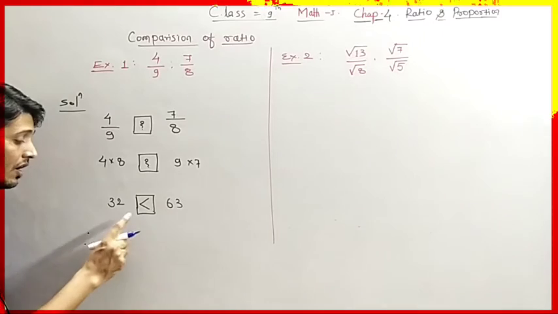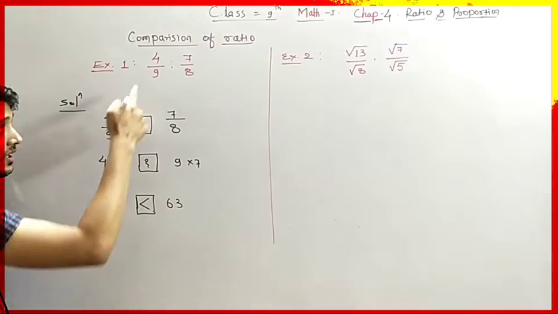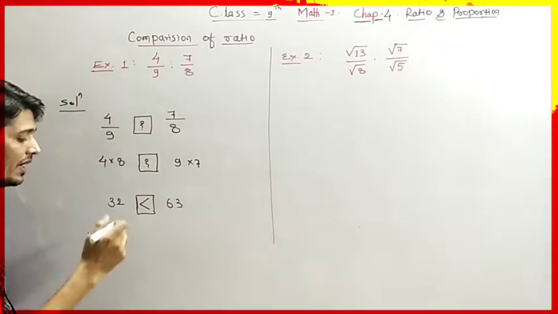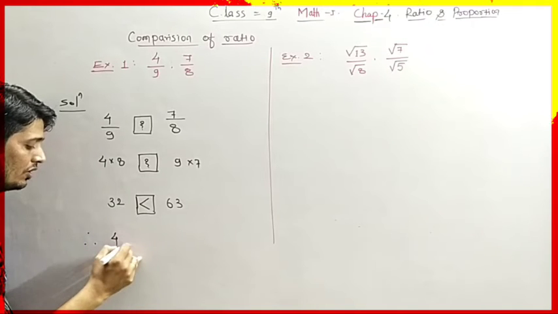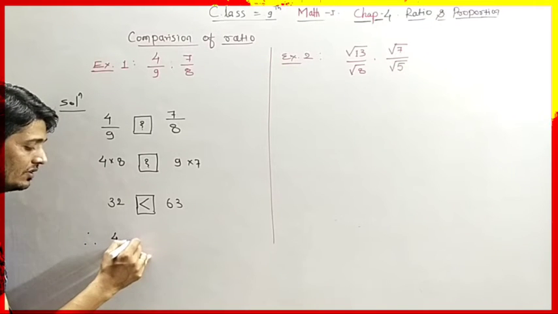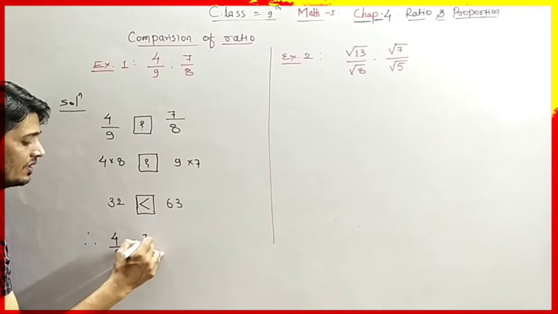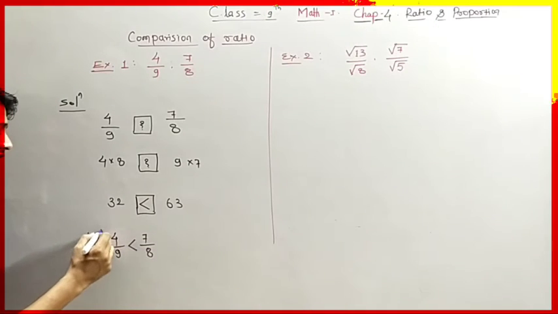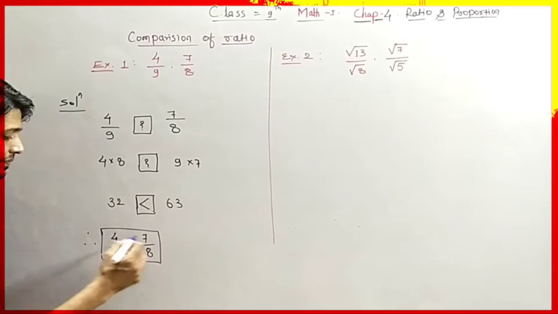Therefore, 4 divided by 9 is smaller than 7 divided by 8. Okay, so this is our answer.